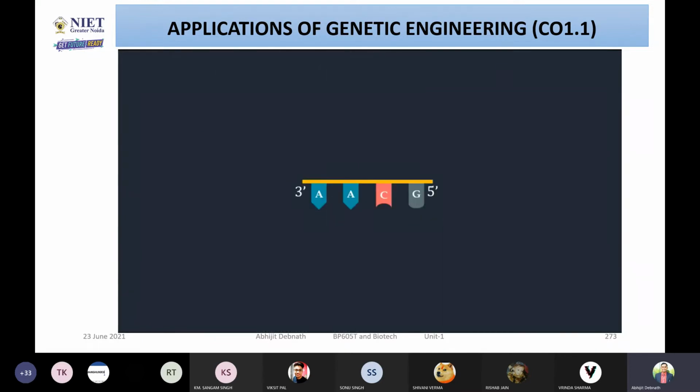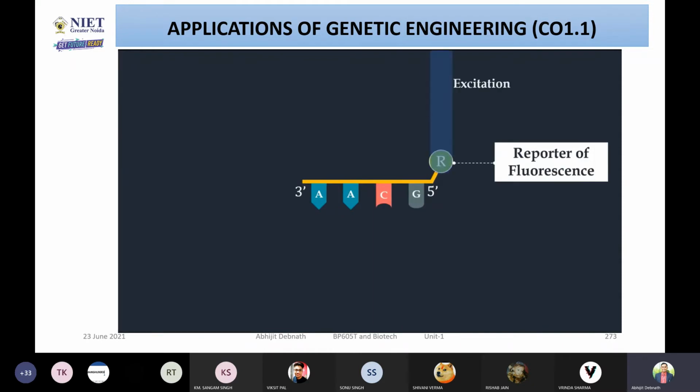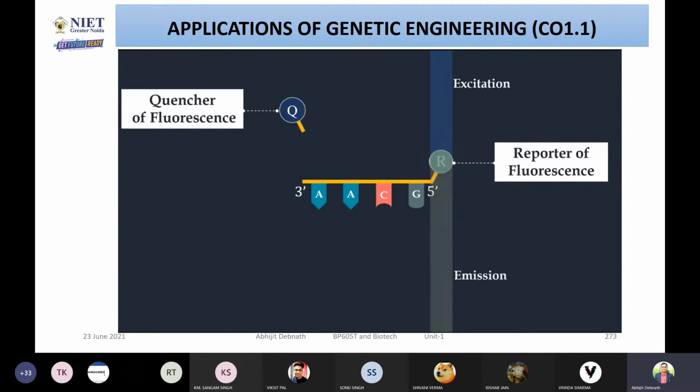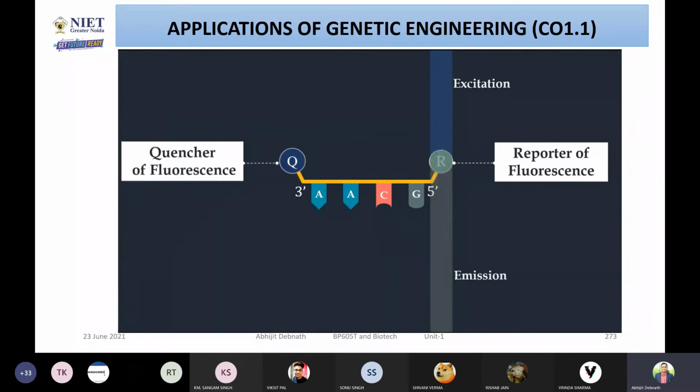The TaqMan probe consists of a fluorophore covalently attached to the 5' end of the oligonucleotide probe. The fluorescence is emitted by the fluorophore when it is excited by the cycler's light source. Also, this probe consists of a quencher at the 3' end. The close proximity of the reporter to the quencher prevents detection of its fluorescence.